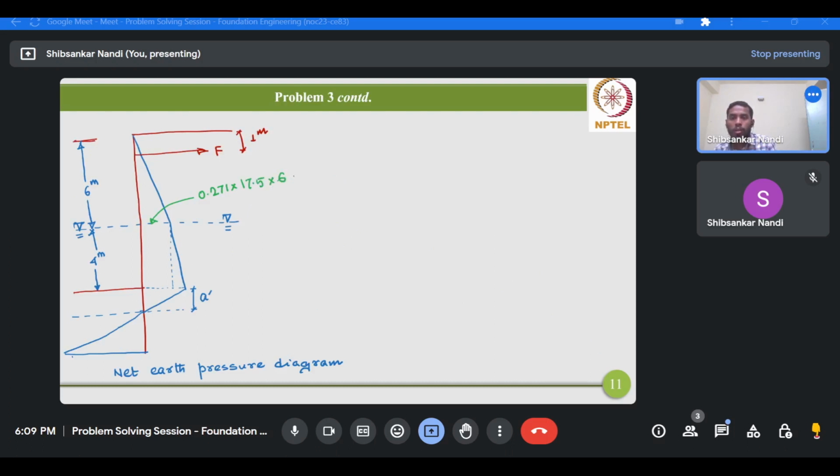So this value would be 0.271 into 17.5 multiplied by 6, so 28.46 kPa. So this distribution is in kPa.